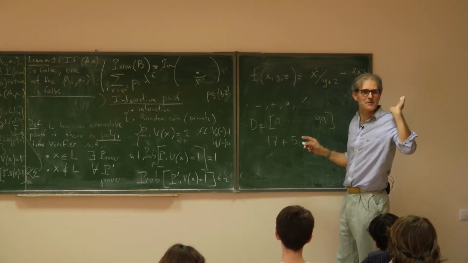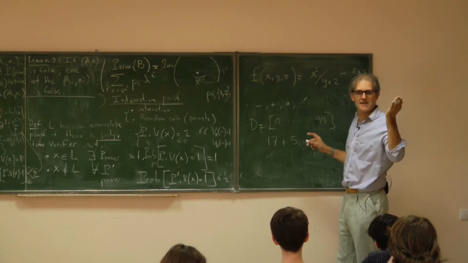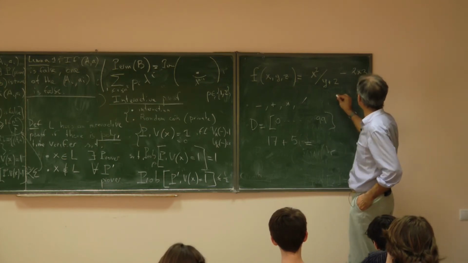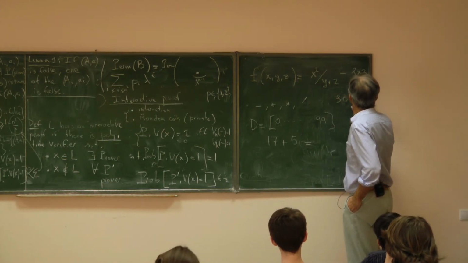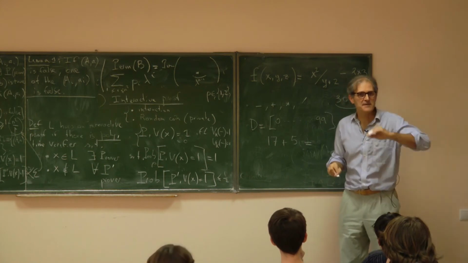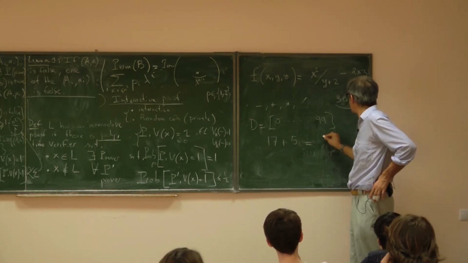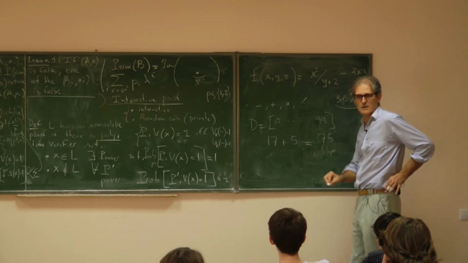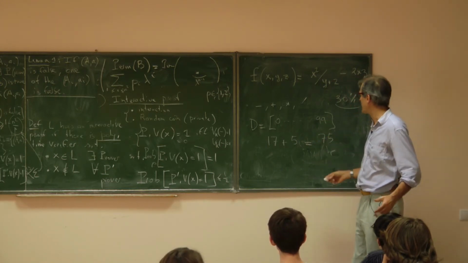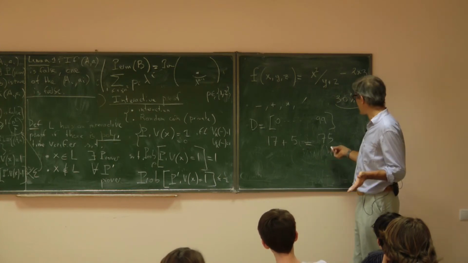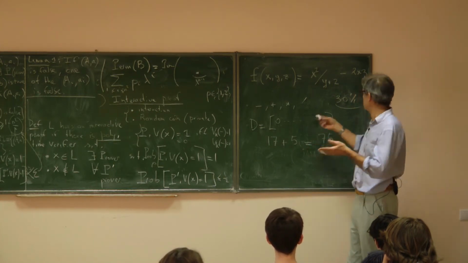But let's suppose I make 30% of errors. Everything works with error. So when you do this, you get 75. Why not? What is the probability to get something crazy? 1/3.